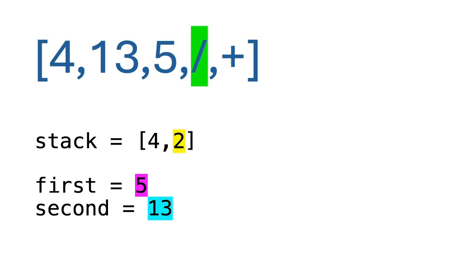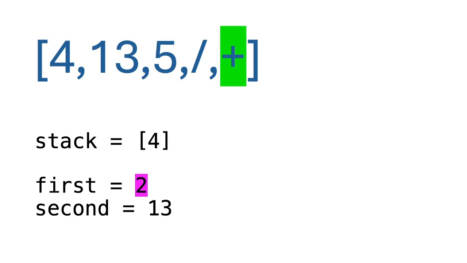Now our stack has the values 4 and 2. We will iterate to the next element, which is plus. Now we will repeat the same steps again. We will pop 2 from the stack and assign 2 to the variable first. Now we will pop the next element from the stack, which is 4, and assign 4 to the variable second.